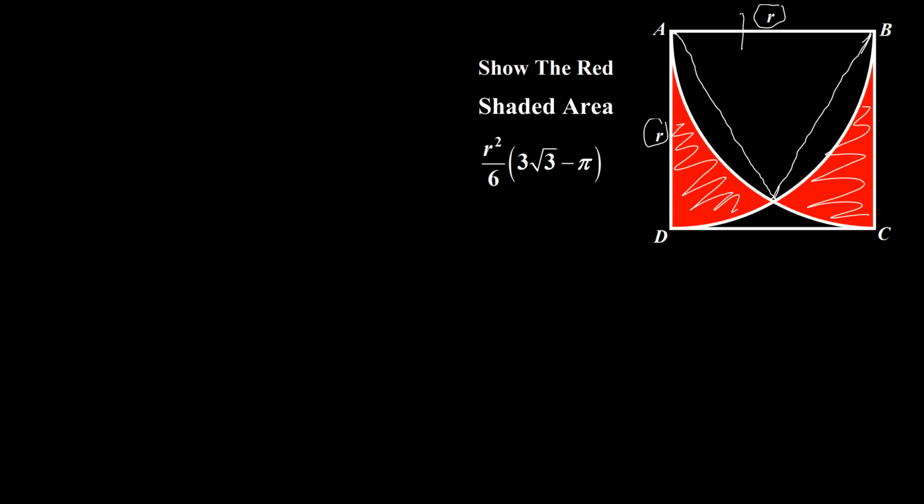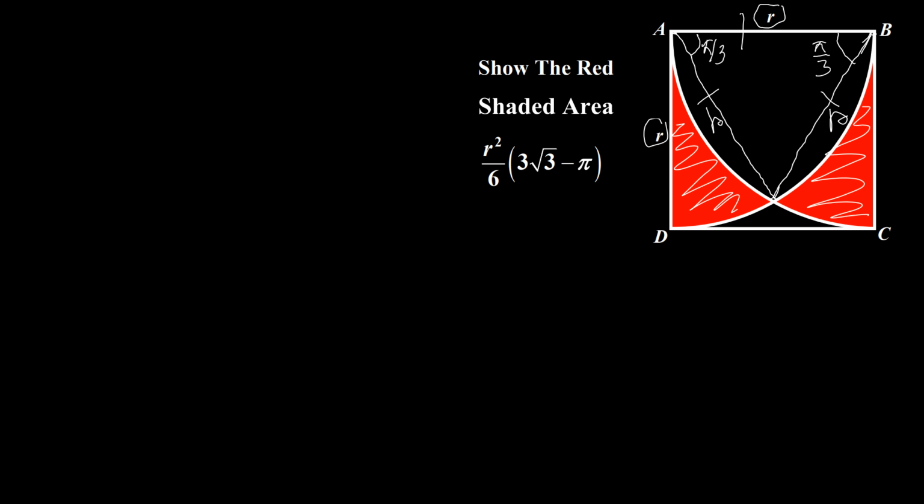Since it is with center B and the arc of AC, this is also a radius. So this is the length R, and that is also R. If three sides are equal, it forms an equilateral triangle, where all angles are equal. The sum of three angles is pi, so each angle is pi by 3, one third of the total angle in a triangle. All angles are pi by 3.